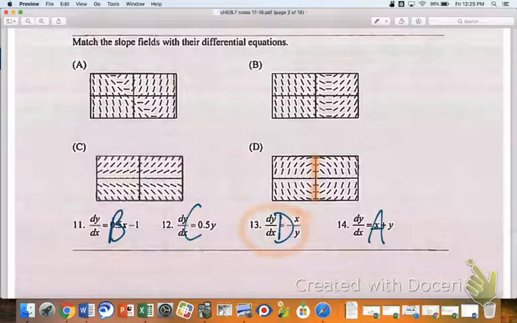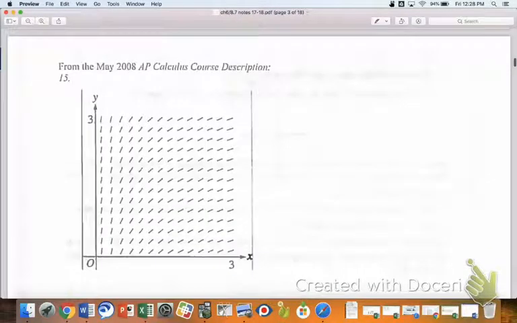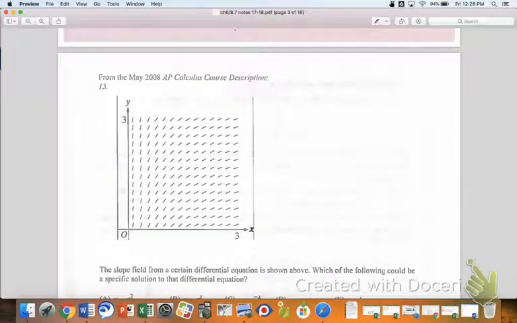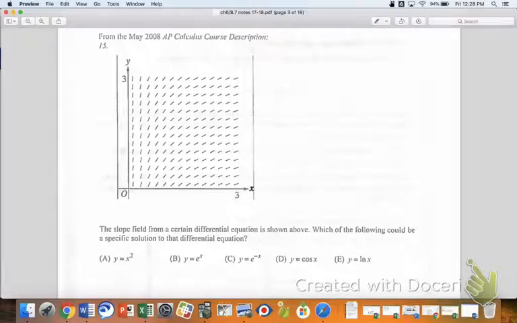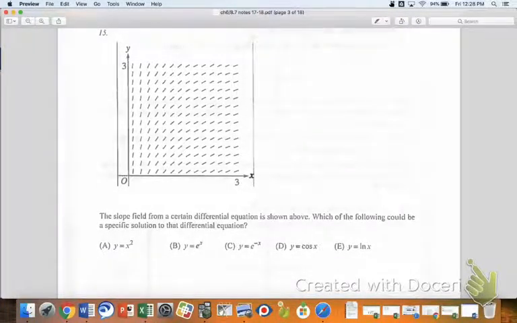Are there any questions about those, the two matching sets? That's great. All right, so the last one we're going to do here on these slope fields, please don't cry, this will be the last slope field to do together here in class, is number 15 right here. This is a little different because in the two previous matching sections, you were given slope fields and differential equations.